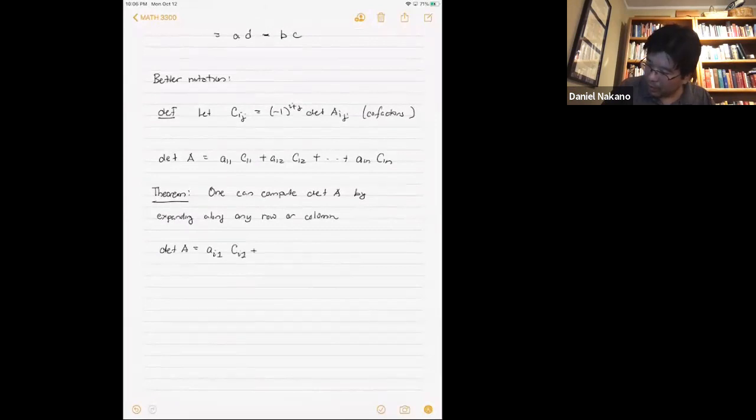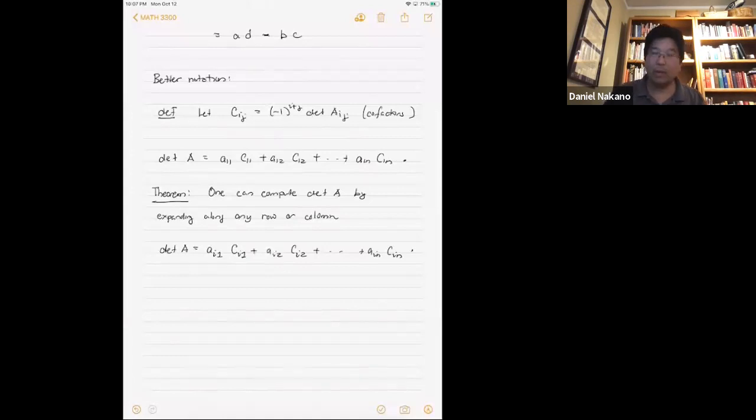Notice that up here, I expanded along the first row. I can expand along any row now and still get the same answer.